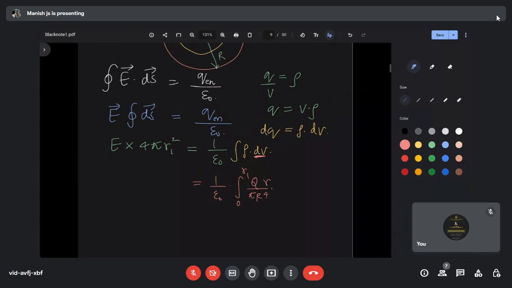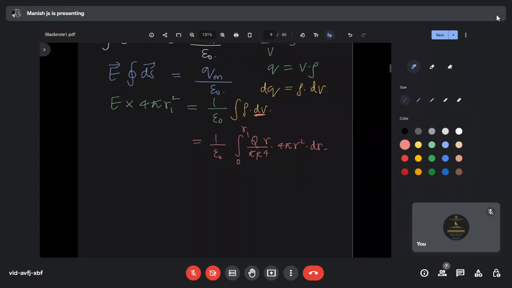So total surface area into the height, total surface area is 4 pi r square. So 4 pi r square into height; here height is the radius you're talking about. It is a completely symmetric object. So the radius here is r, which is already there, the term we have considered. So the differential term I will write as dr.